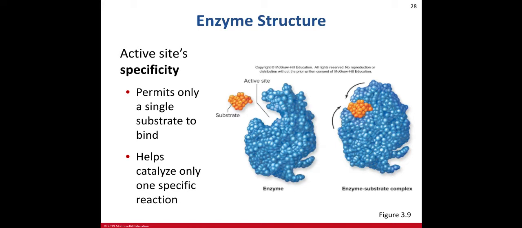Each individual reaction that can have an enzyme will have its own type. When that substrate binds to the active site, we have this change in conformation, or a change in shape, and then we're going to be able to do our chemical reaction there. And when we have this binding, that's our enzyme substrate complex.